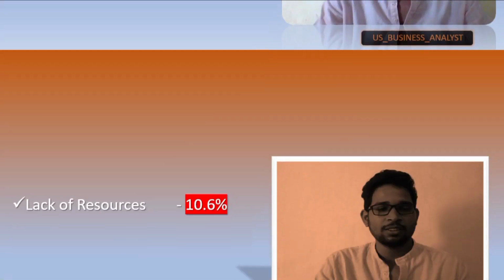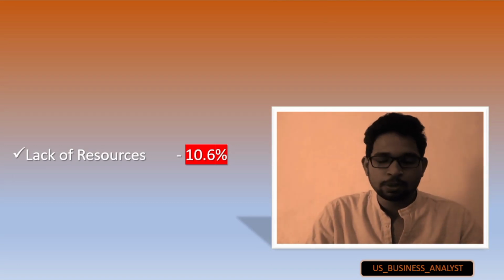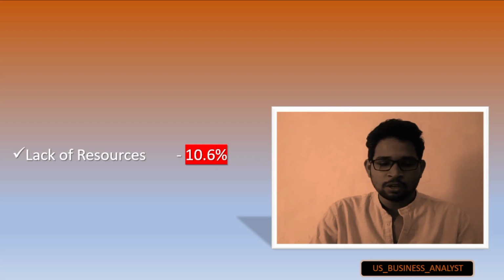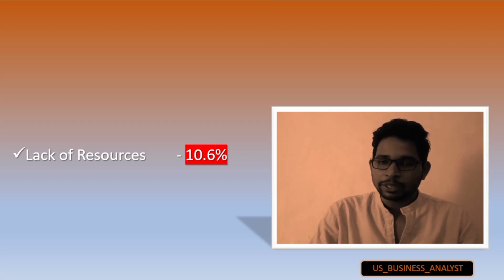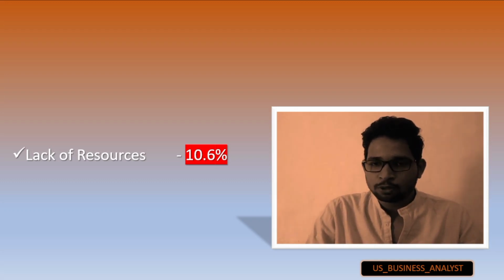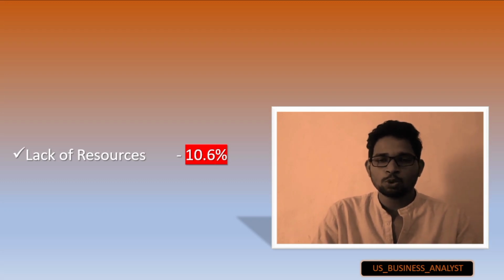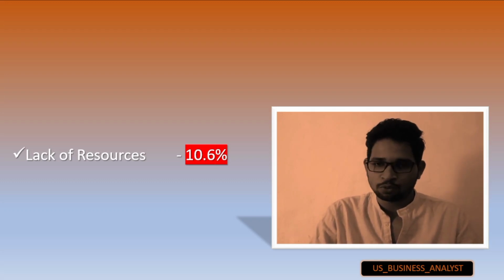And the third thing is lack of resources. The lack of resources may come from budgets, timelines, or material things. Nearly 10.6 percent of project failures are contributed to by the lack of resources. So as a business analyst, we need to be sure what our objective is and what our requirement is.